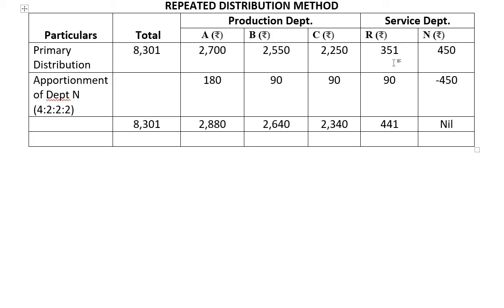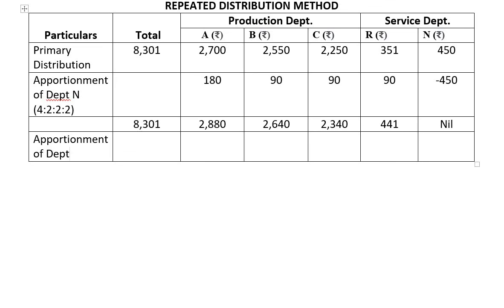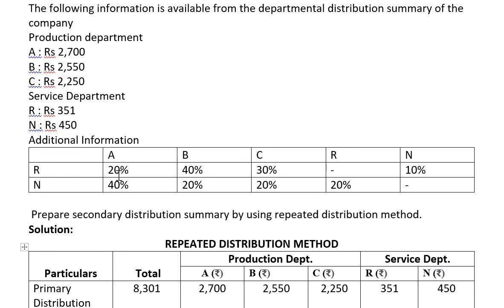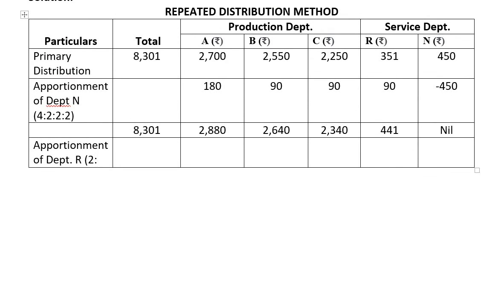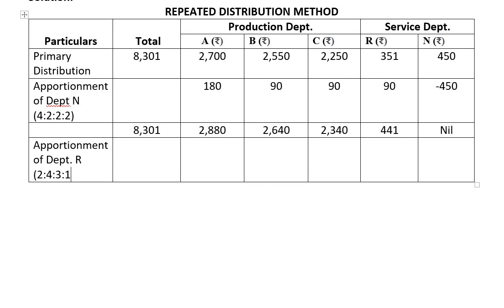Now N has come to be nil, so we are going to apportion service department R now. So we can write apportionment of department R. Department R is to be distributed in the ratio of 2:4:3:1. So now if we divide it, it will be minus 441.